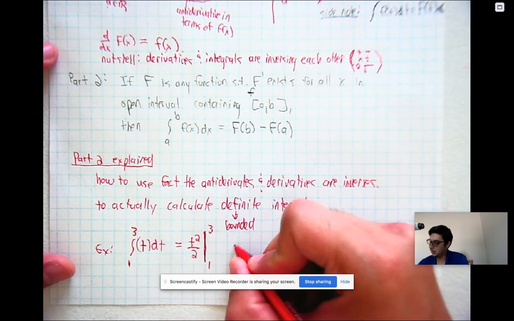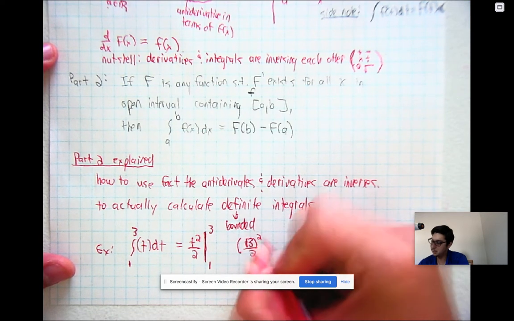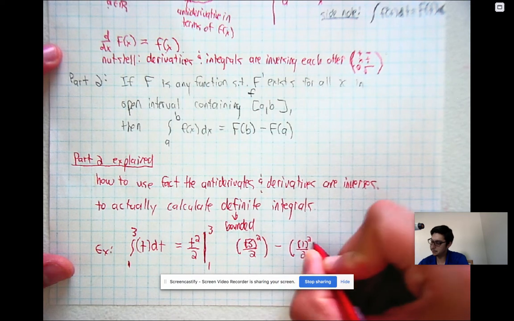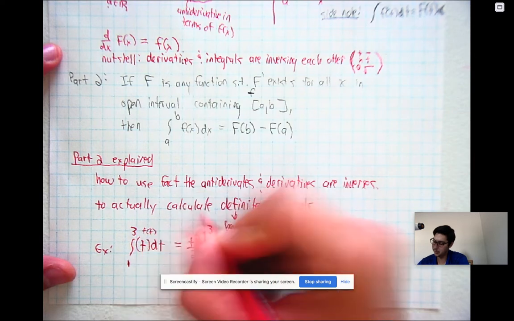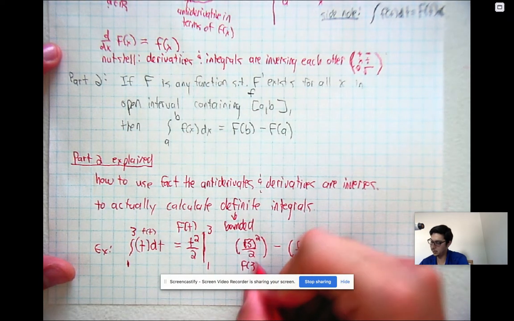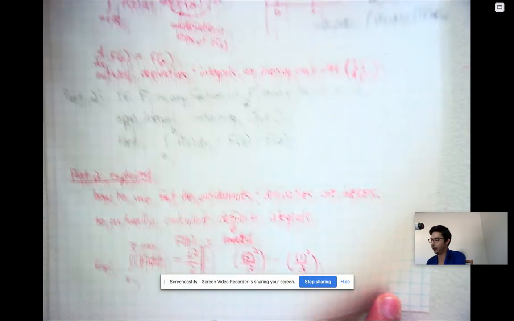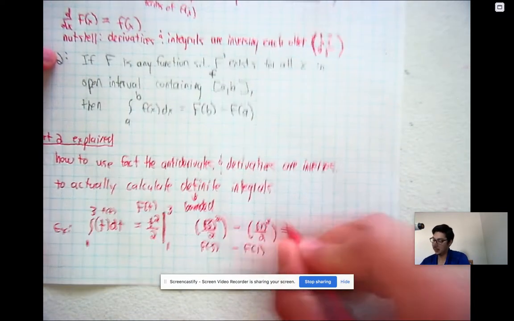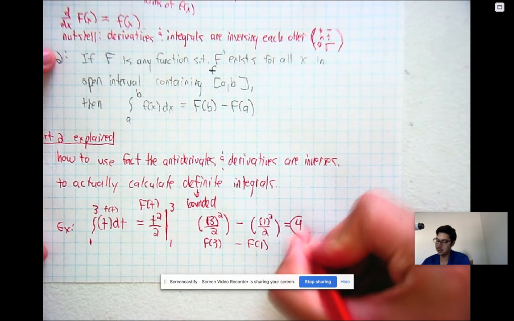So we plug in the upper bound, 3 squared over 2, minus 1 squared over 2, right? Picture this being the antiderivative, f of t, so this is f of 3 minus f of 1, which is what it's telling us. And if you do the math here, you get 9 over 2 minus 1 over 2, which is 8 over 2, so that just gives us 4.